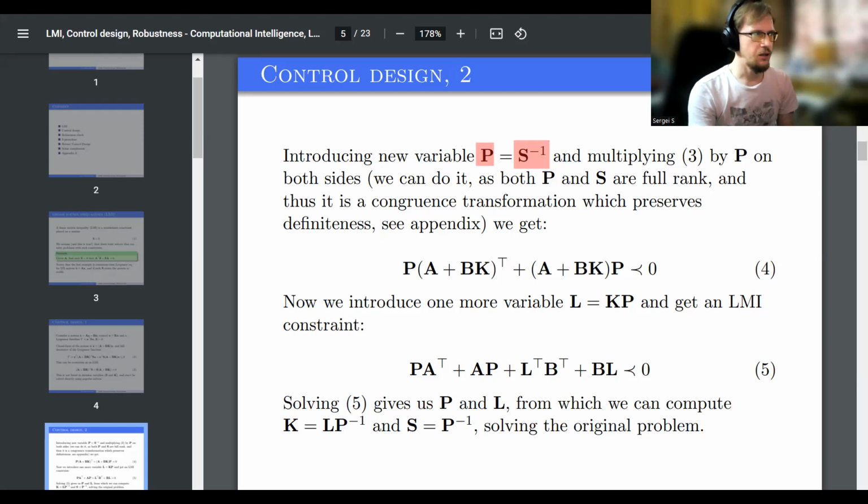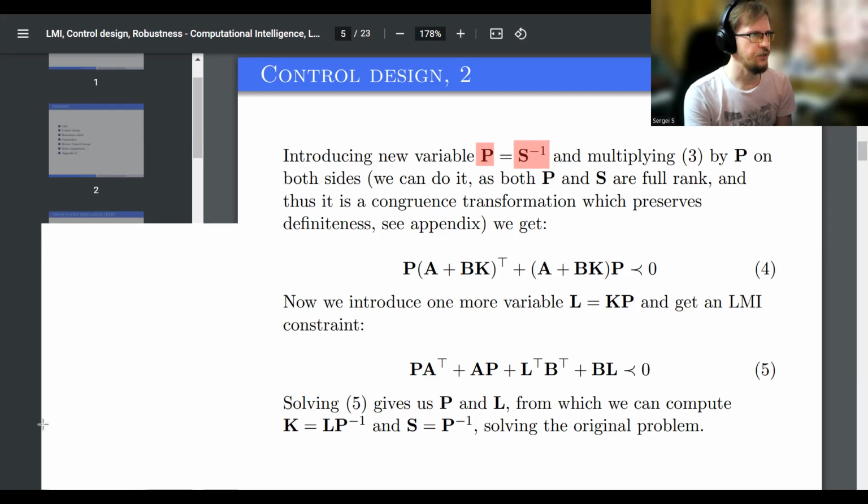You can prove it by just saying x transposed P x. Let me just show you very quickly how the proof works. We probably have it in the appendix, but let's quickly show how the proof goes.